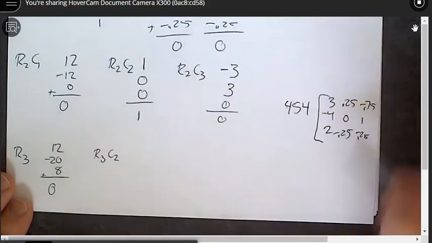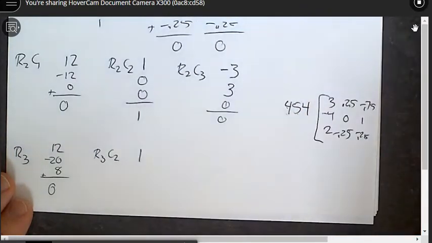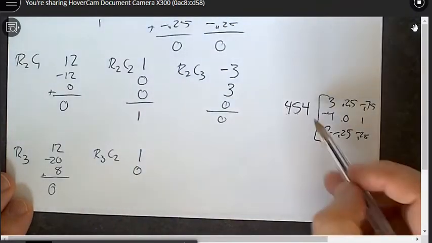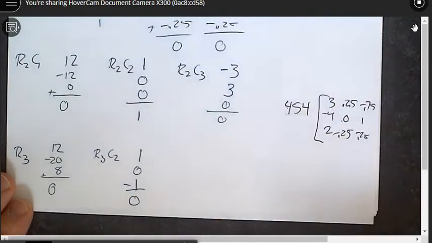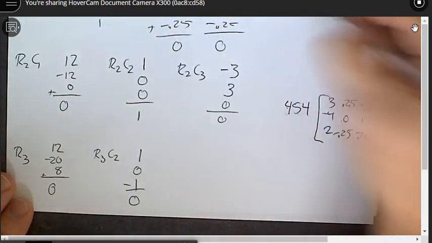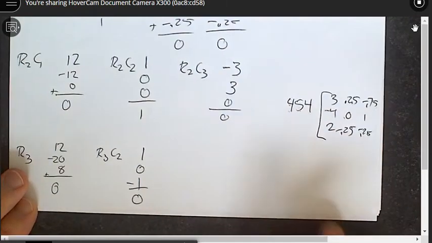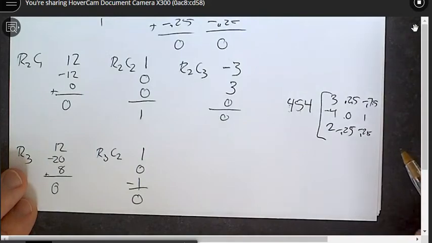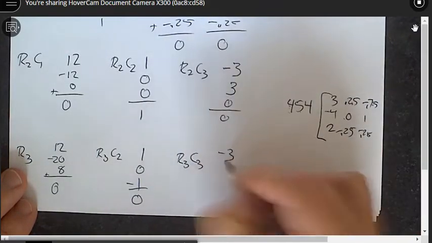Okay, and then row 3 times column 2. 4 times 0.25, that is 1. 5 times 0 is 0. And 4 times -0.25 is -1, so that comes out to also be 0. And then the last one, which probably is going to be a 1, we've got 4 times -0.75, which is -3.